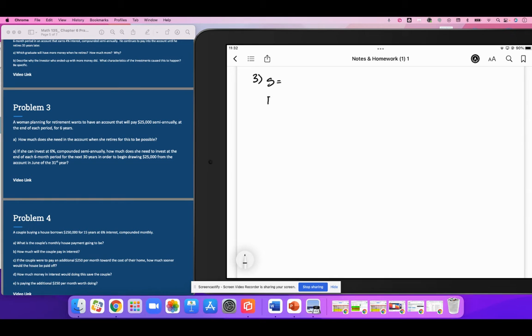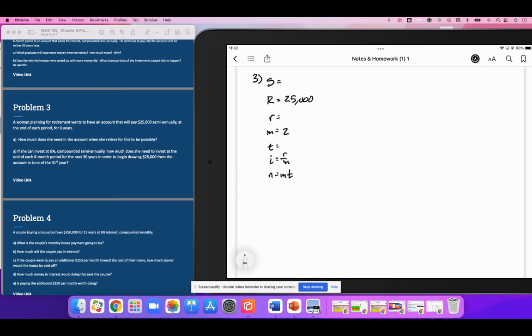So we've got our SERMTN going on here. And so we want $25,000 twice a year to be coming out of the account. And the rate is 6%.